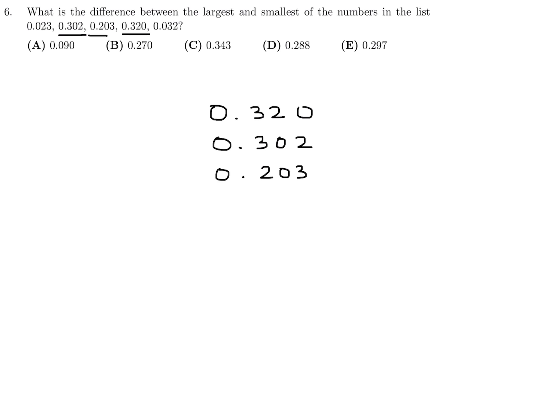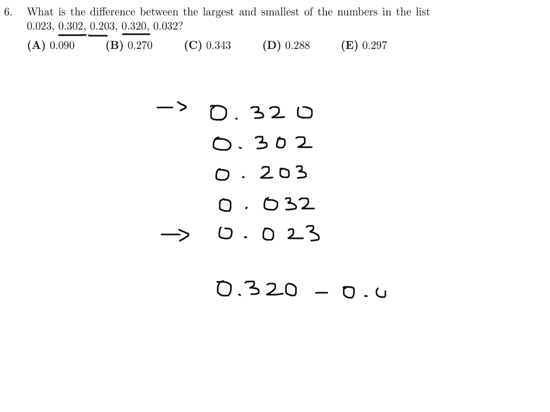And that leaves the last two, and of those 0.32, and then the very smallest one is 0.023. So that's the order. So this is the largest and this is the smallest. And they want the difference, so we have to take those two and subtract them. So 0.320 minus 0.023. And when you do that, you get 0.297. So number 6, the answer would be E.